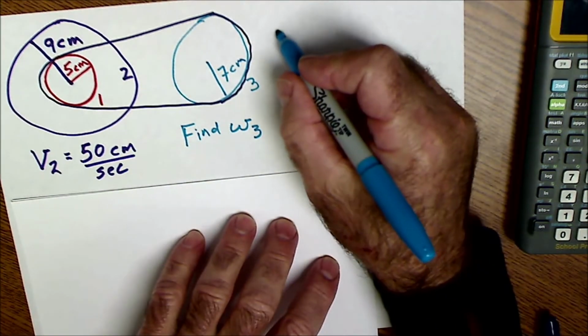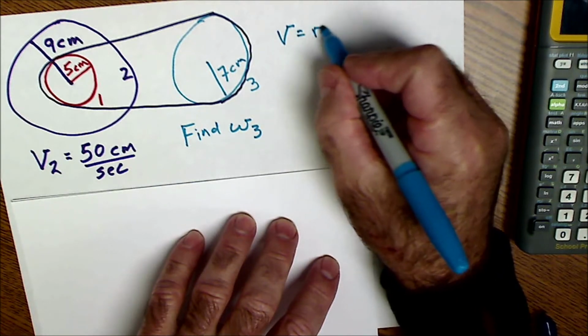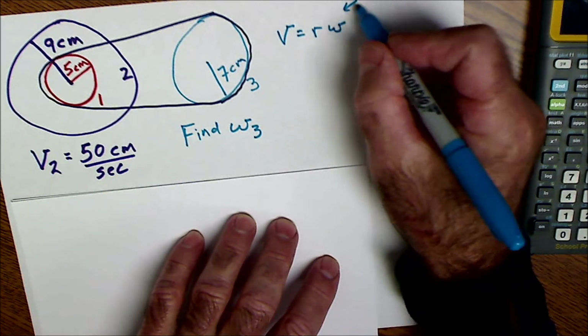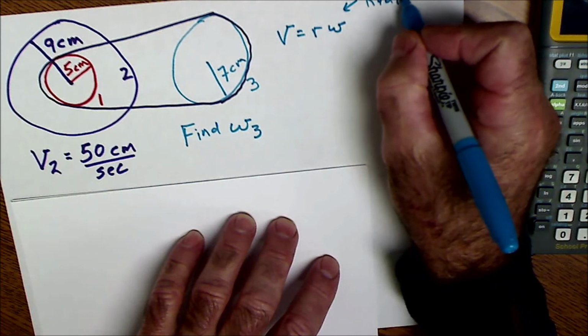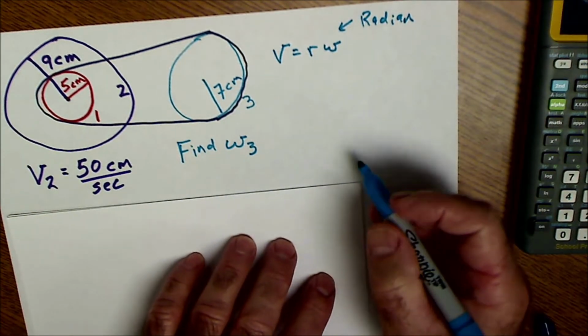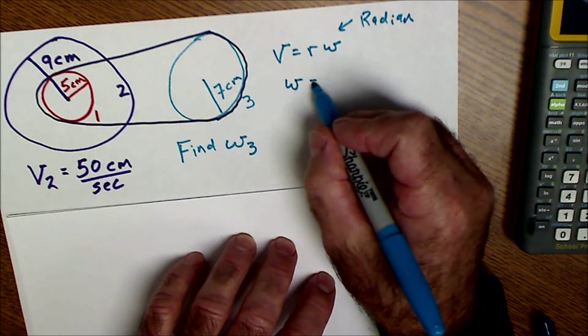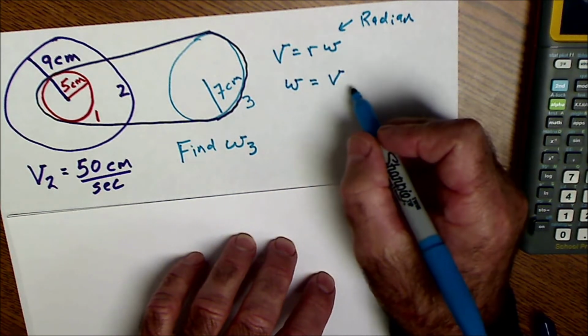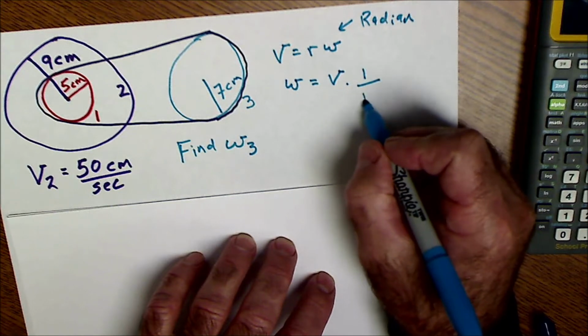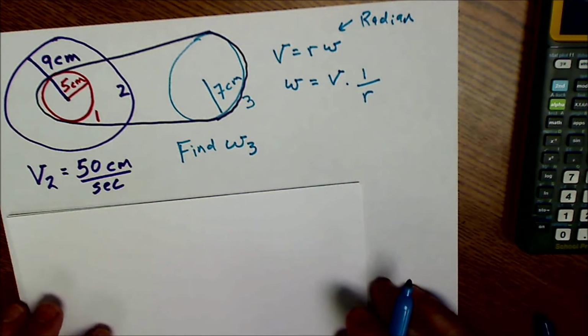So again, the main equation is linear velocity equals radius times angular velocity. This has to be in radian measure. Or if I were to divide both sides by radius, angular velocity is going to equal linear velocity divided by radius, or multiplied by the reciprocal of radius.